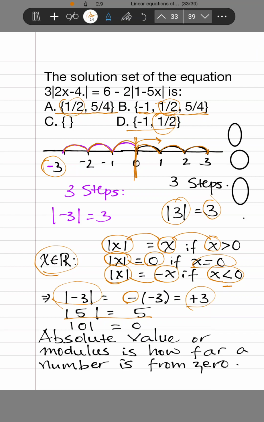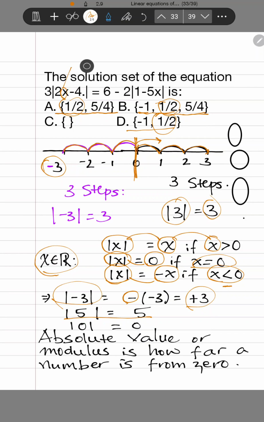If 1/2 is working, the next thing to check might be 5/4. This is to use a technique of elimination. If 1/2 is not working, that means choice A is not the answer, choice B is not the answer, and choice D is not the answer. That eliminates 3 of them in one shot if it is not a solution for this question. So let's just put 1/2 in here.